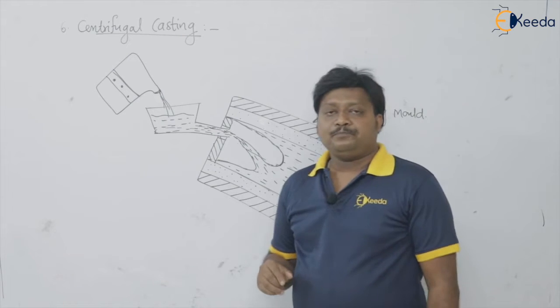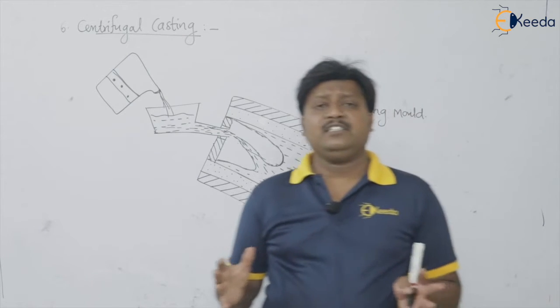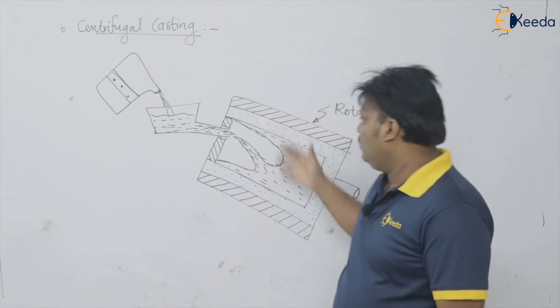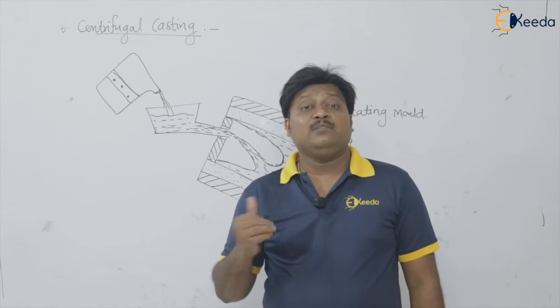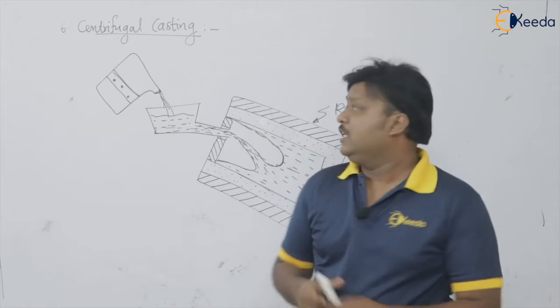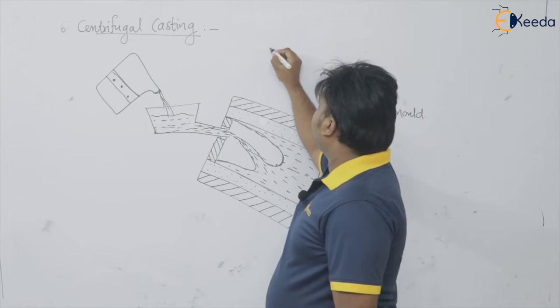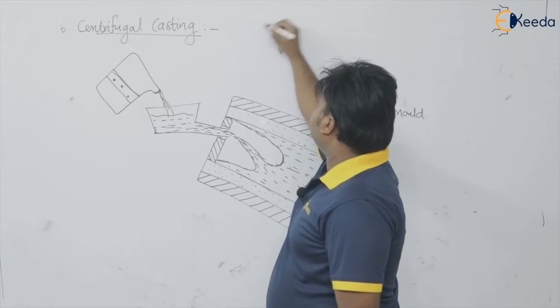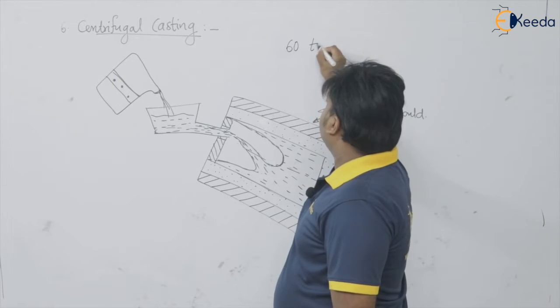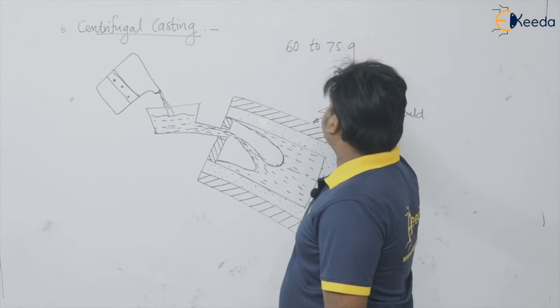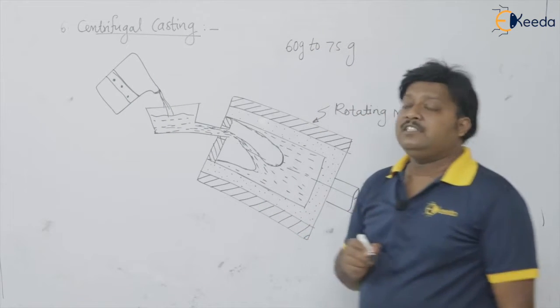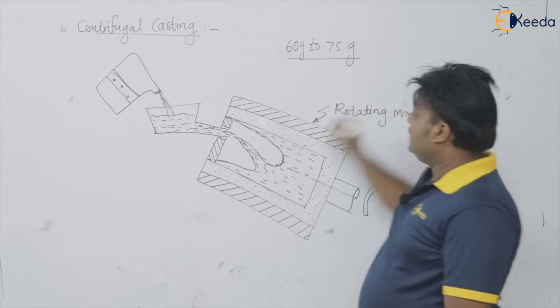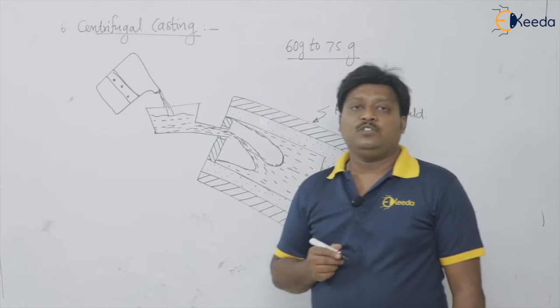There is a tremendous rotational speed of this mold, so that centripetal acceleration of about 60 to 75 times g is produced.